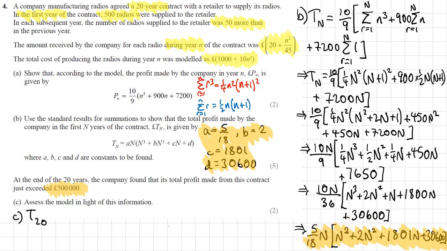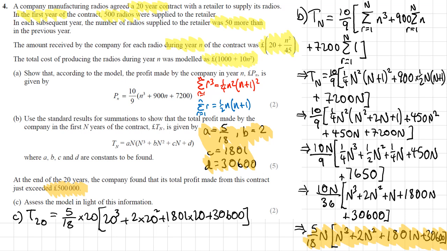So that'll be 5 over 18n, so that's 20, and then times by 20 cubed plus 2 times 20 squared plus 1,801 times by 20 plus 30,600. Now on my calculator, that gives me a value of £419,000.